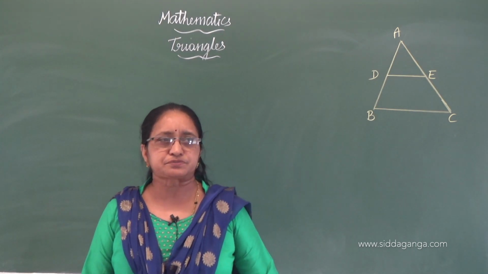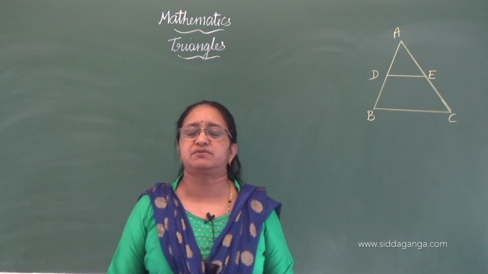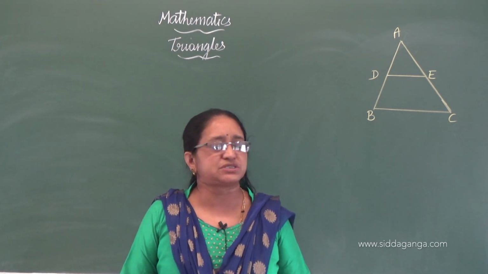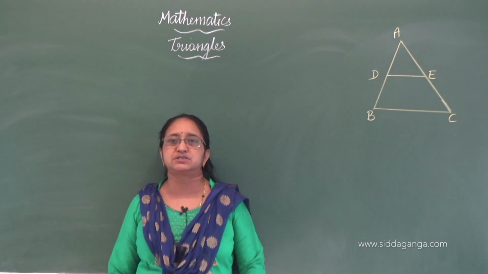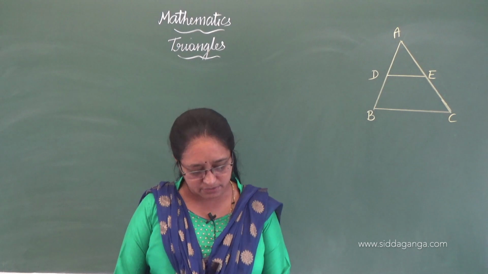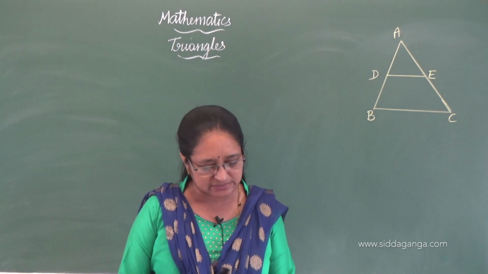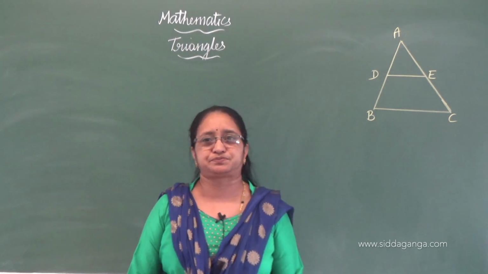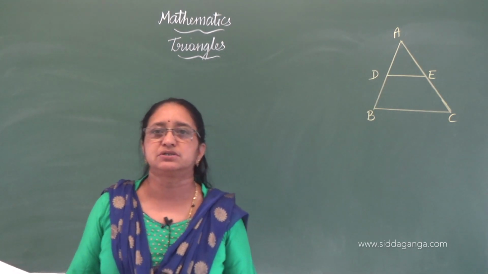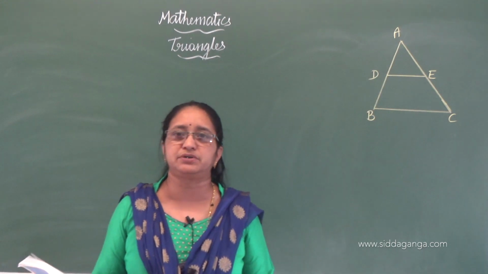And also the converse, you might have heard about the converse of the theorem, which I am going to explain today. So these are the two things which I am going to explain, and also we are going to start with exercise 6.2. Maybe I can cover one or two questions from exercise 6.2.